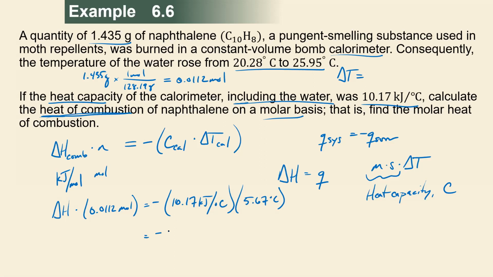So we get negative 57.7 kilojoules is equal to delta H times 0.0112 moles. If we want to solve for delta H, we just divide by the moles. We get negative 5,150 kilojoules per mole. Okay.